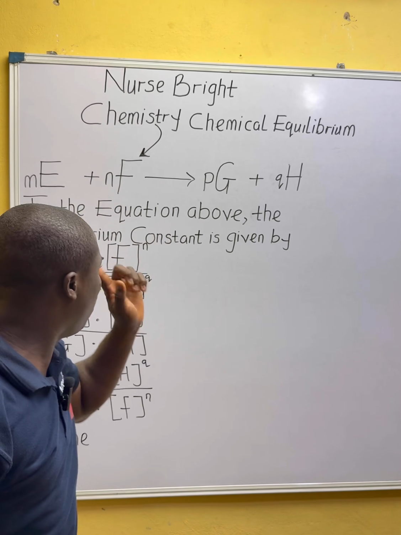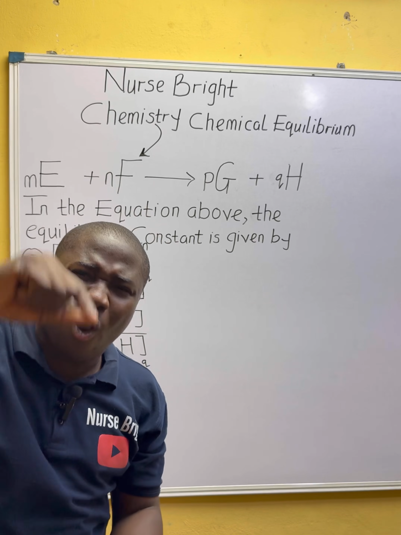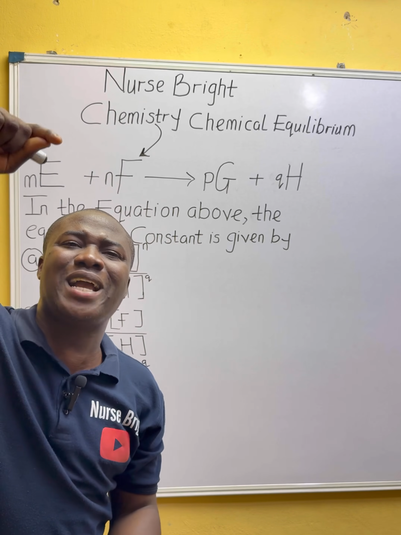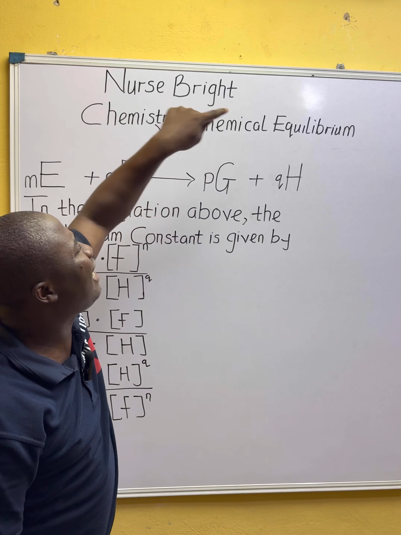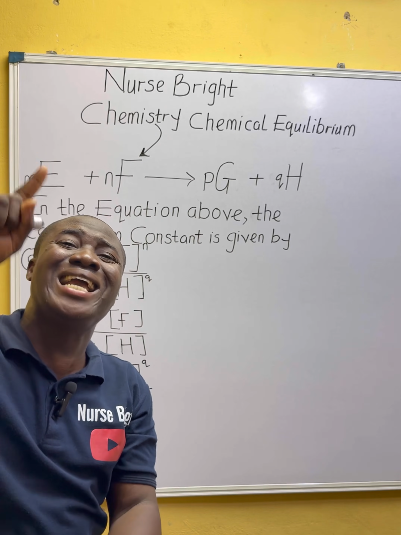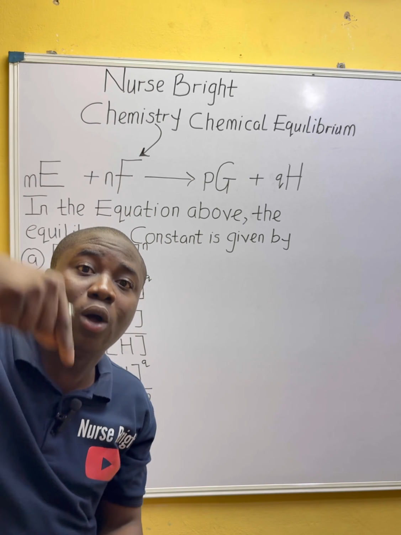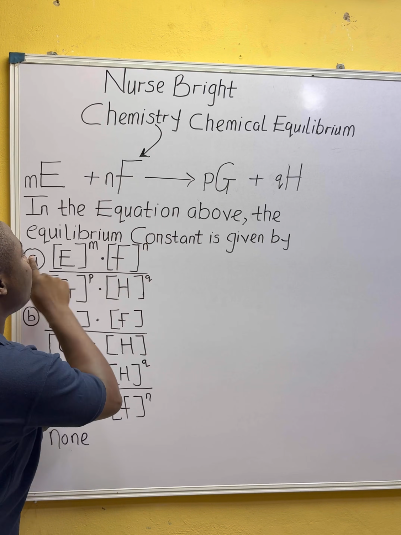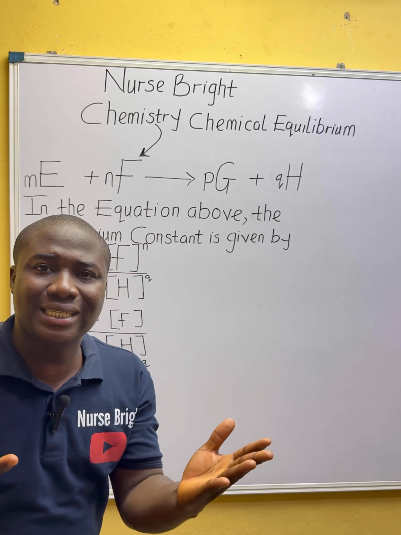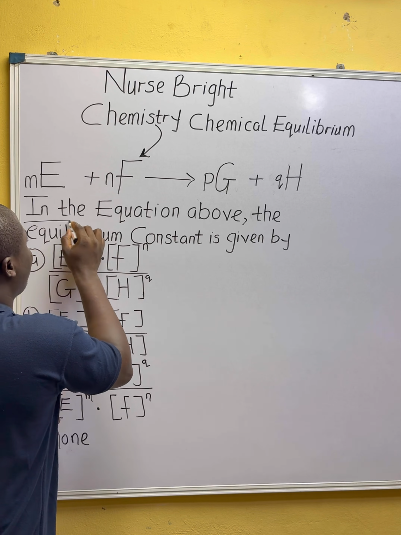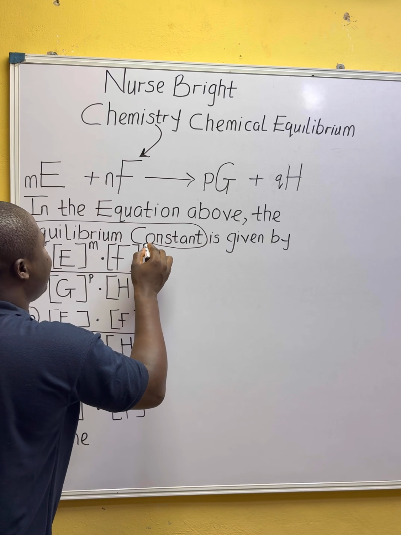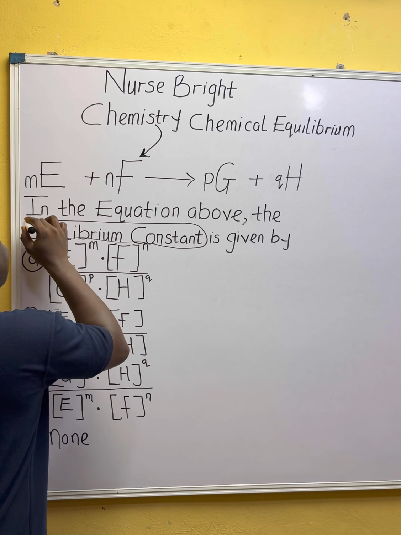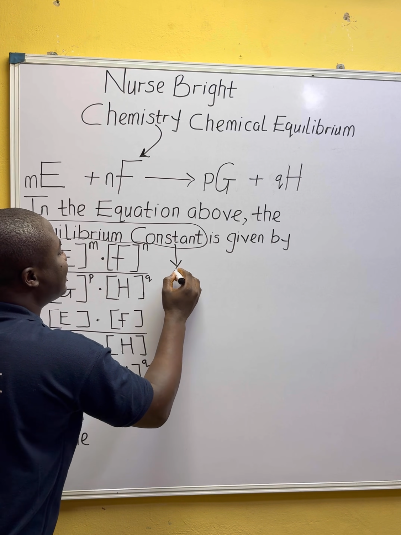Note this: equilibrium constant in chemical equilibrium is symbolized by a symbol, and that symbol is K.